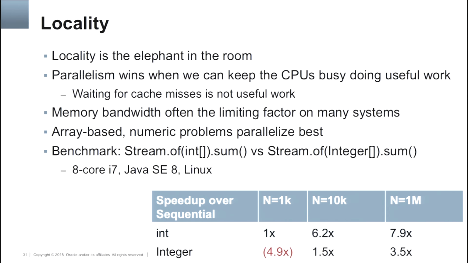With 1,000,000 elements, I got almost an 8x speedup, right? Pretty good. What did I get from my 1,000 elements with the boxed integer? I got a 5x slowdown, right? And even with 10,000 elements, I barely got a speedup, right? I'm spending just way too much time waiting for data.